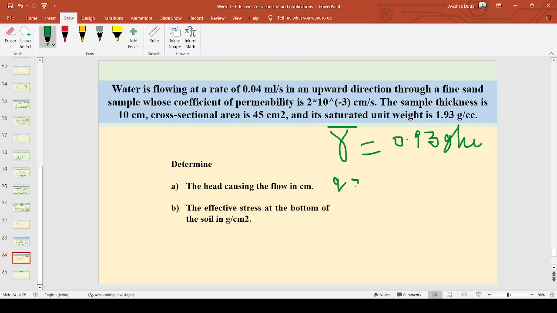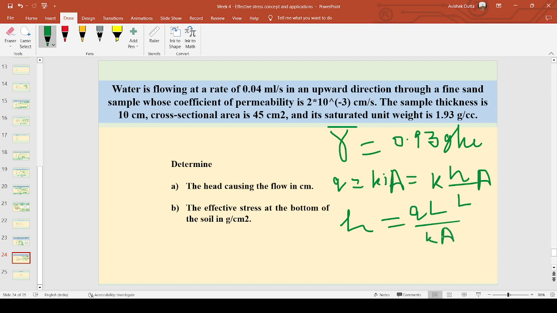To find out the head causing flow in the first case, what is Darcy's law equation? That is Q equals K I A, and I means the head causing the flow divided by the length of traverse. Now you can see that the head causing the flow will be equal to Q into the length of traverse divided by K into A. Putting all the values over here, Q equals 0.04 milliliter per second.